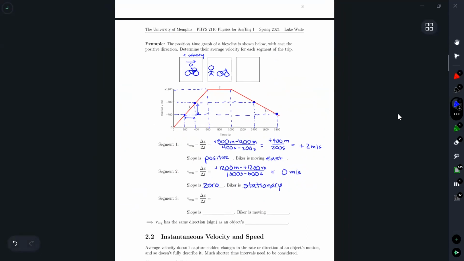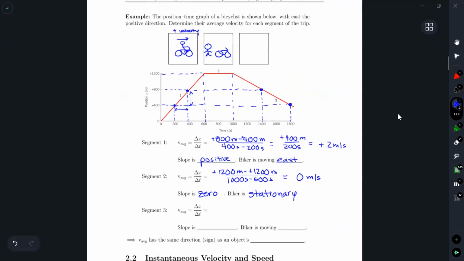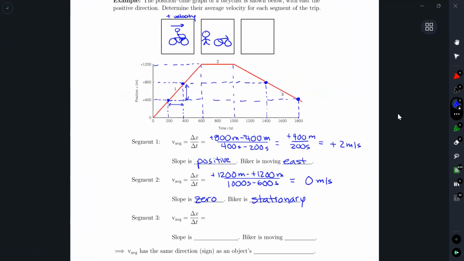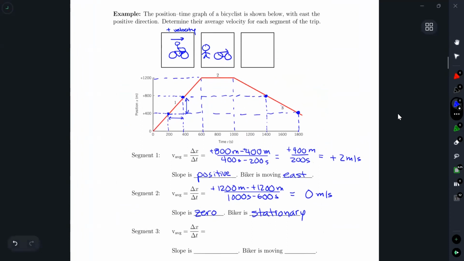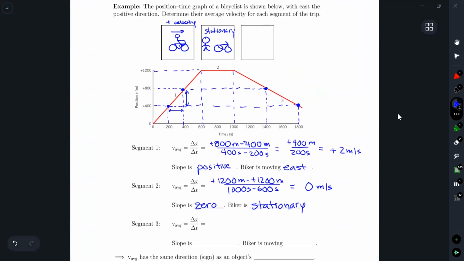All right. So we started on this example where we had a biker going different ways. We've got his position-time graph here, and we're calculating his average velocity. So we found in the first case he was moving in the positive direction or east. In this second segment, he's not moving, he's sitting still. And now we're on to this third segment.